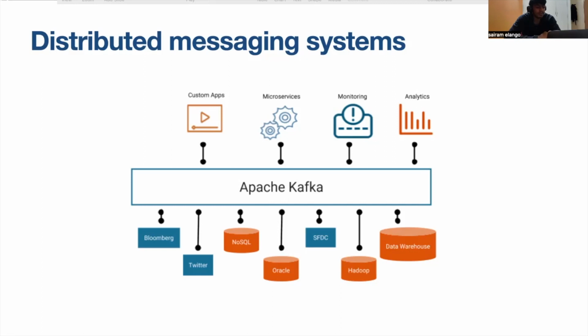This topic can be read by multiple consumers at the same time, thus making it a loosely coupled system. In that case, your data can be read by multiple teams and multiple systems without creating much overhead on the messaging system itself.